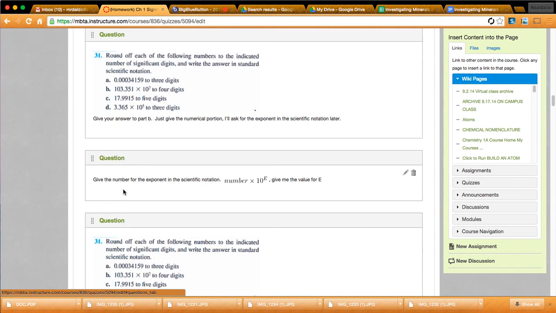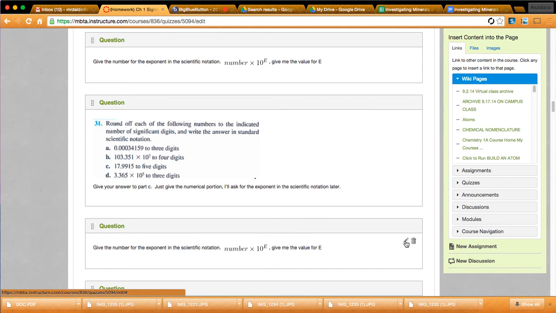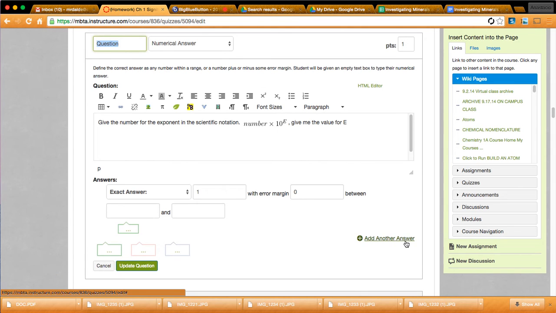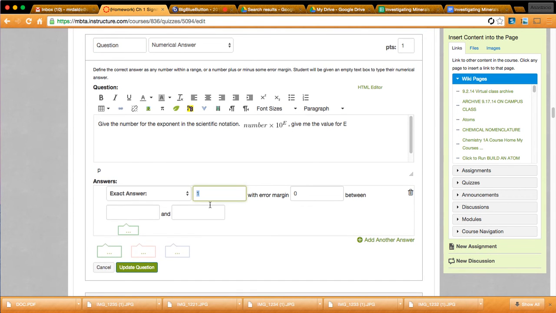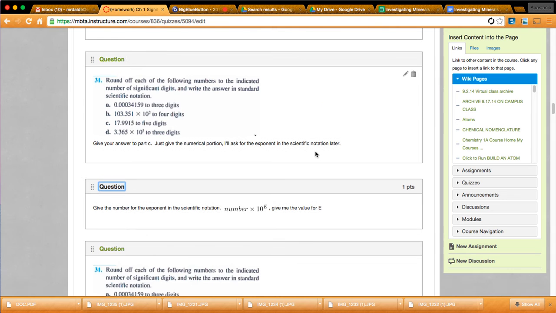Oh, it was number 31, part A. I told the computer that the correct answer is, oh, shoot. I told it was 1, but it's supposed to be -4. I apologize. It should be -4.